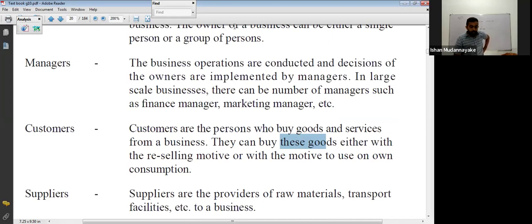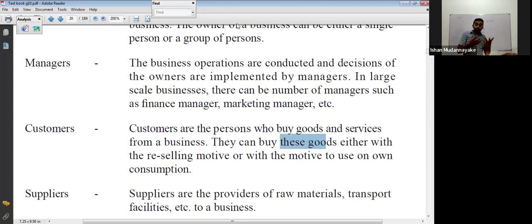Students, right there. Customer is the king. In a business, the customer is the king. If a business fails to satisfy customer requirements, they can't achieve profit. They can't increase profit.